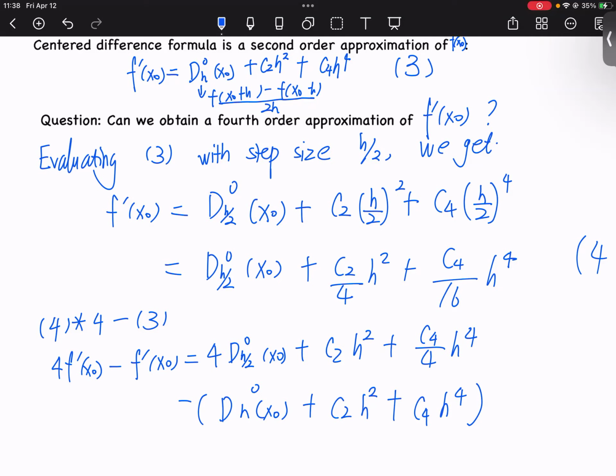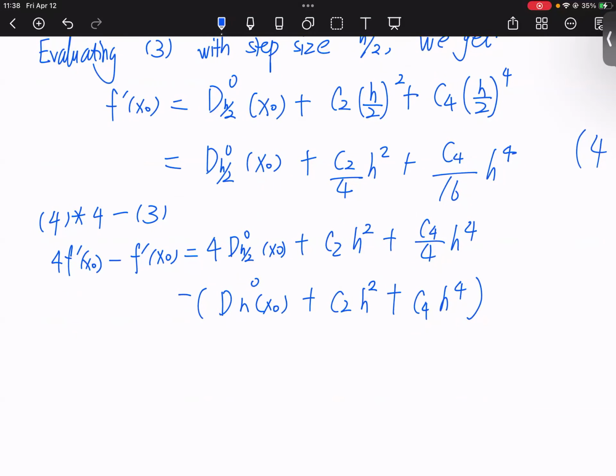That's why we get a fourth order approximation. We just have the error term here with fourth order. And that's the whole meaning of all this. Let's go back to here in a few minutes after all the calculations.